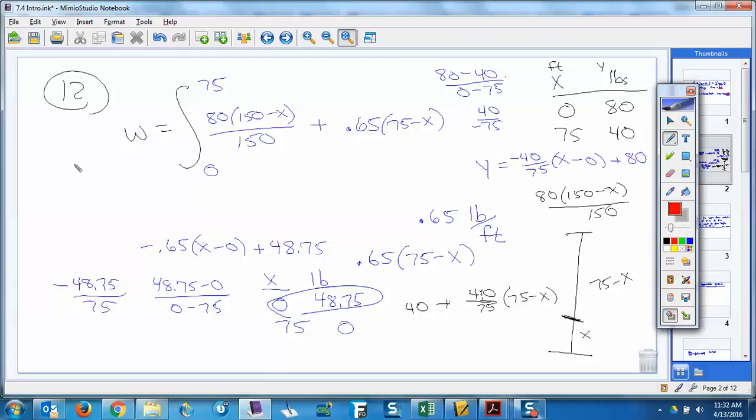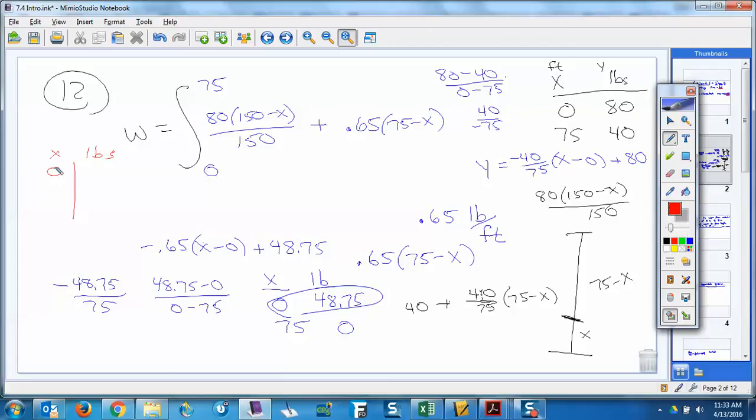She made a table. Here's x, here's pounds. When there's 0 feet of rope pulled up, what do we got? We got 48.75, so you went ahead and multiplied the 0.65 times it. So we got 48.75 pounds of rope plus 80 pounds of water. And you got that same answer? Okay, they're both linear.